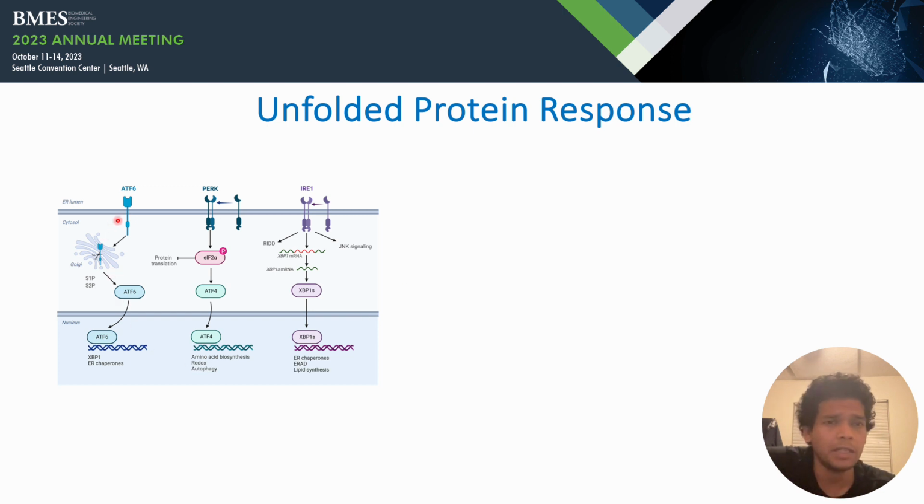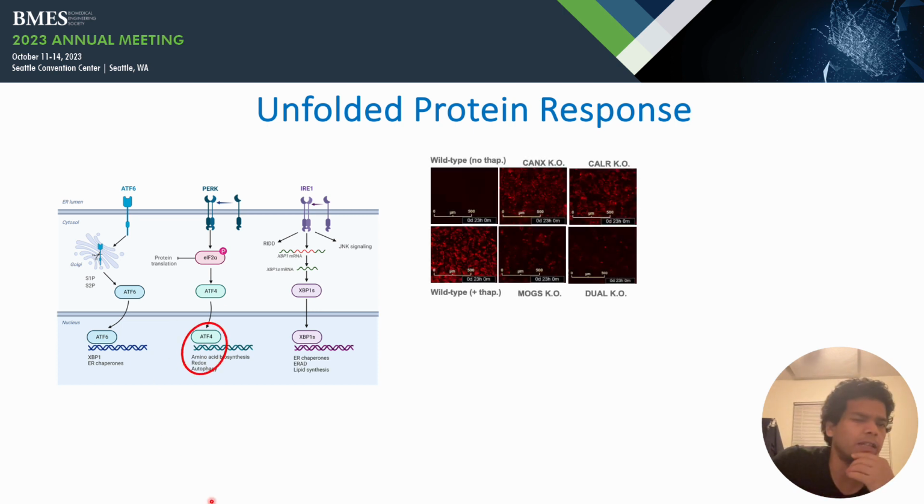In the case of UPR, three signaling pathways get activated, that is ATF6, PERK and IRE1. When we checked the literature, we found that there is a fluorescence reporter available for ATF4. So we decided to move forward to check whether there is a UPR response in the different knockouts of the cells or not.